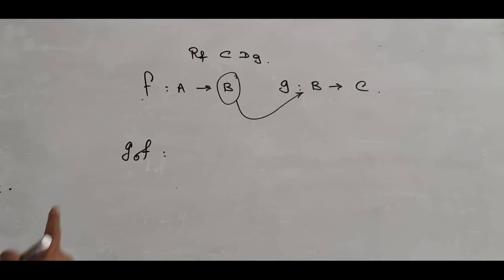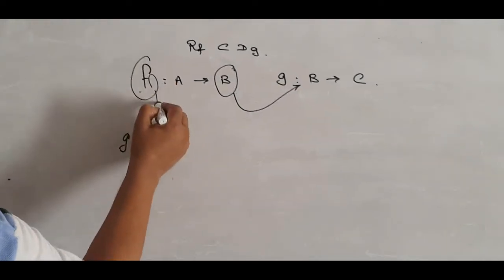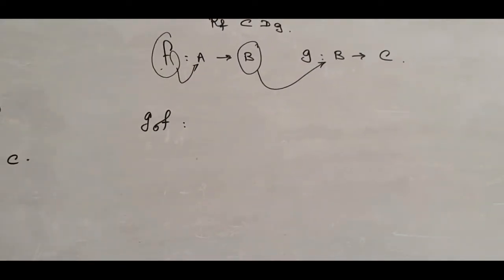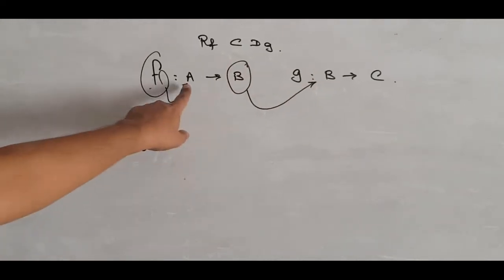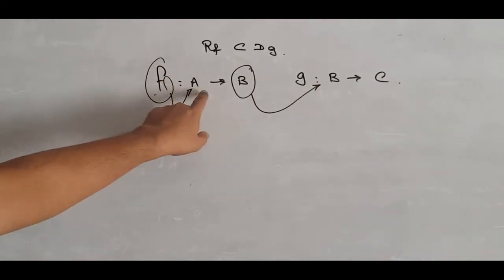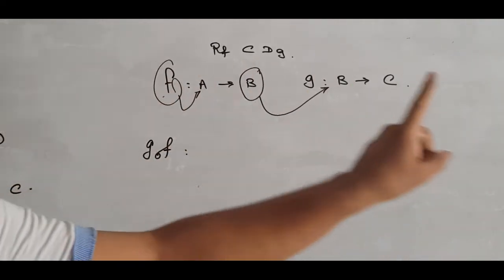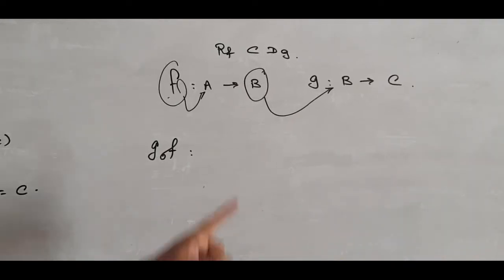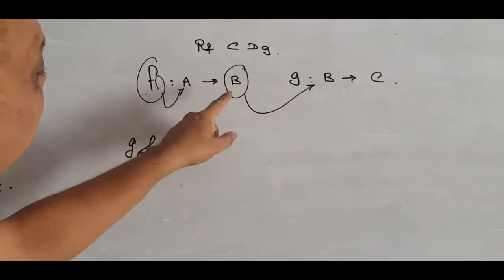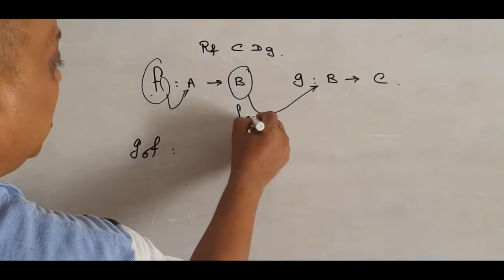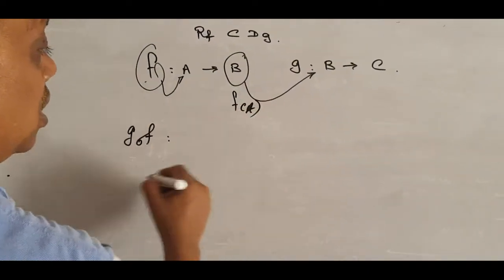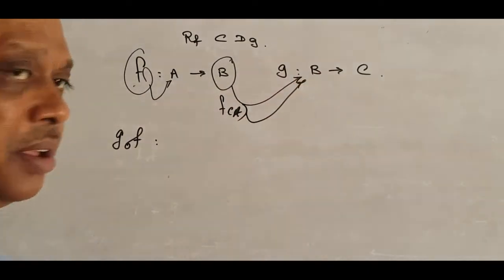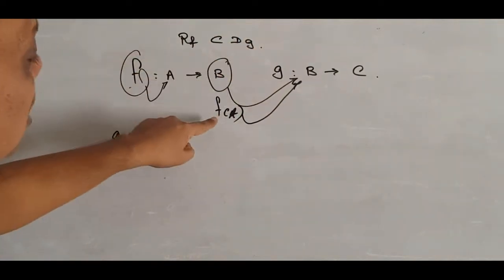Now, if f is continuous for every element of the domain of f, then for every element a, f(a), the range of the function, will be present in B. So g is continuous at what?